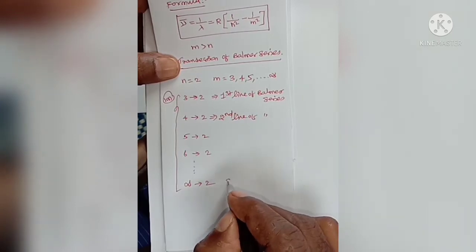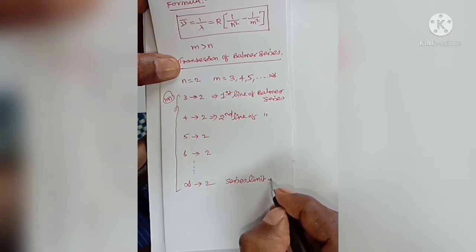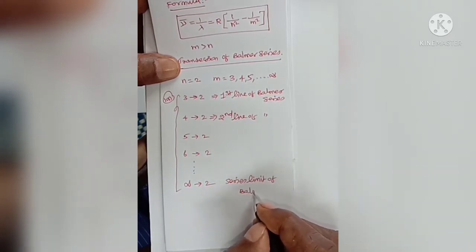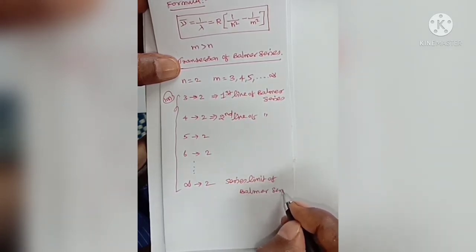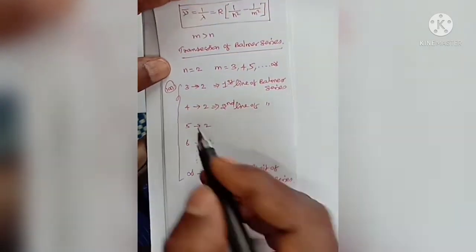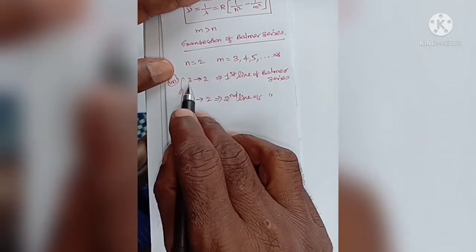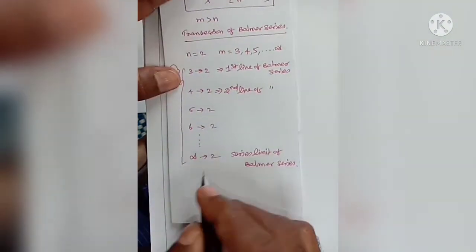The last one is the series limit of Balmer series. The first line of Balmer series is transition 3 tends to 2.